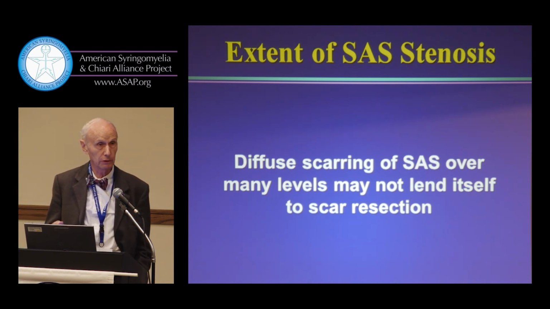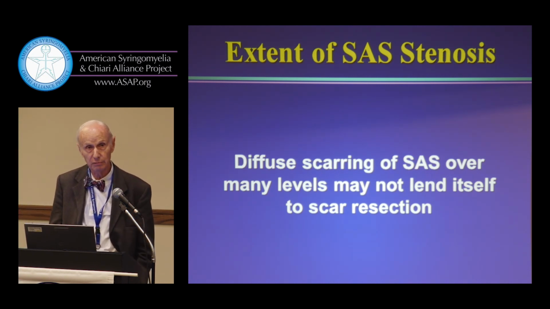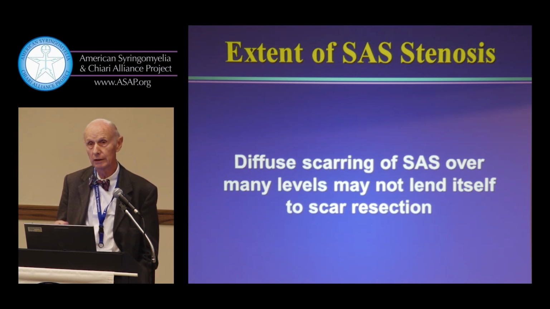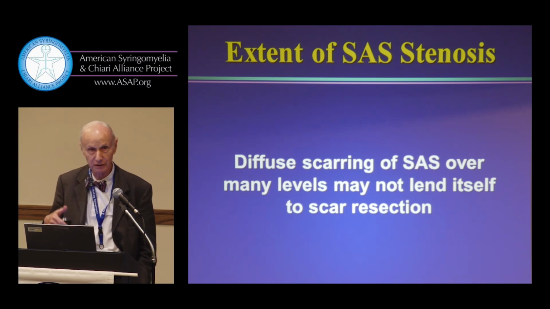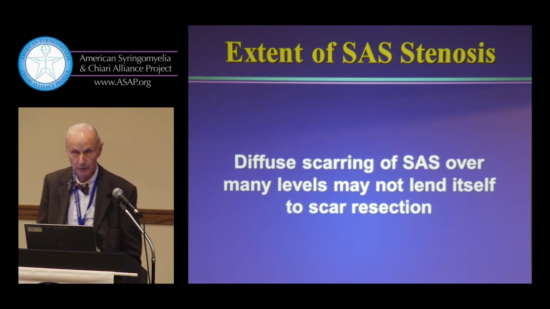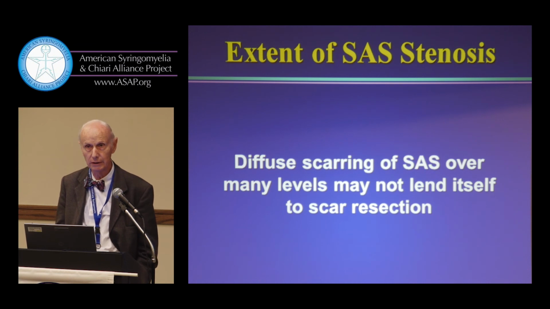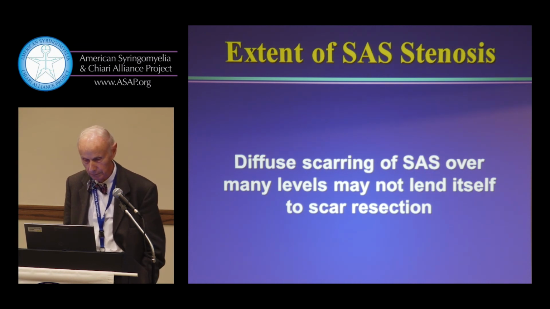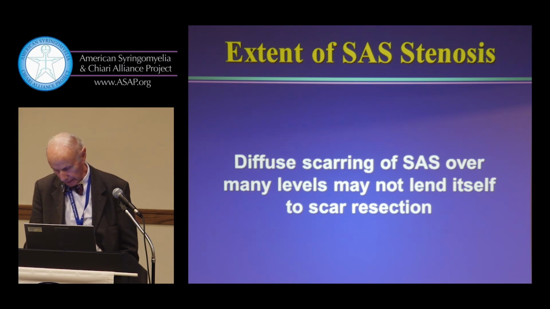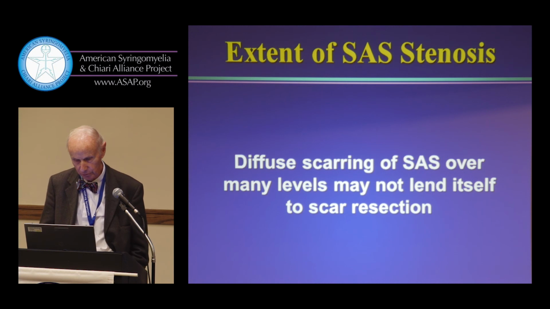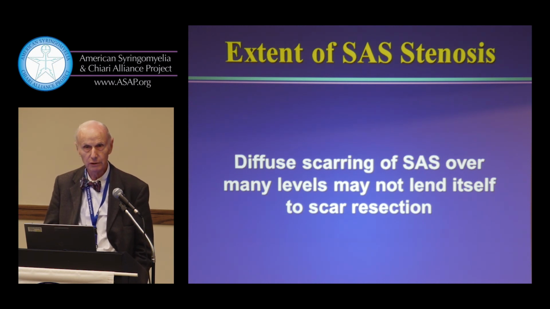That said, I would also tell you that in my experience, people's propensity to develop scar in the subarachnoid space, as also in other cavities, such as the peritoneal cavity, differs widely. It's probably genetically determined how much scar we develop. And diffuse scarring of the subarachnoid space, as I mentioned before, may not lend itself to resecting a scar.